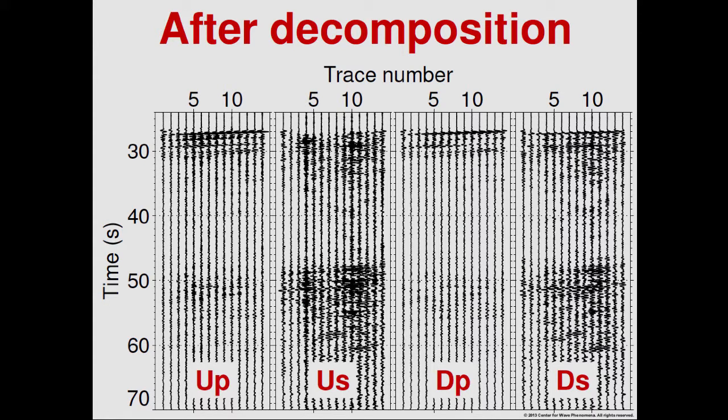This is an example of a decomposed wave field using the same earthquake as before. In this decomposed wave field, P and S waves are separated. Therefore, by using this wave field for seismic interferometry, we can reduce crosstalk between P and S waves.